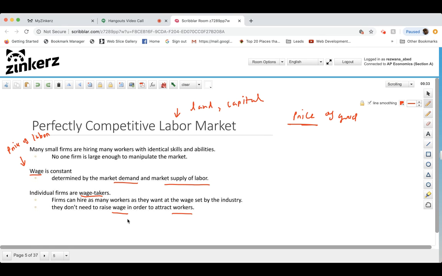They wouldn't get any workers. Exactly. And why not? Because there are so many other farms who would be paying at least the market wage rate. So they can't raise the wage, they don't need to raise the wage, but they wouldn't lower the wage either. They would only pay the market wage. Does that make sense to everybody?